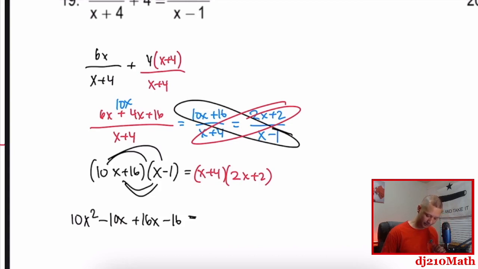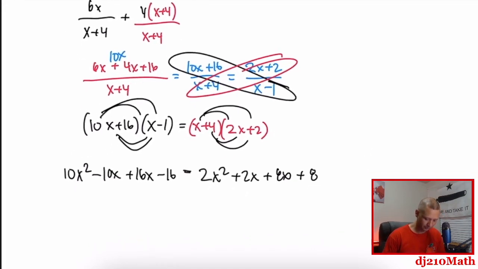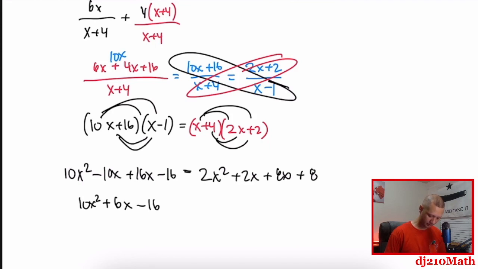Right hand side: 2x squared plus 2x plus 8x plus 8. This is looking better. Combining the like terms, 10x squared plus 6x minus 16 is equal to 2x squared plus 10x plus 8.